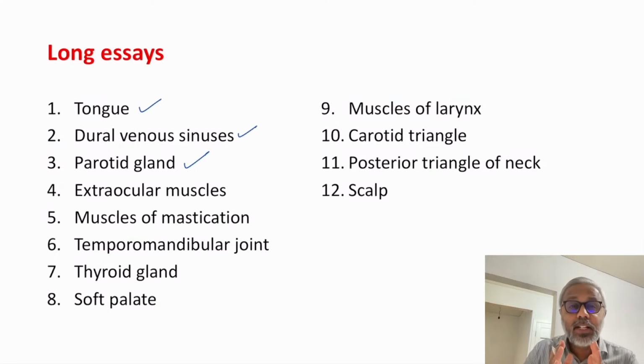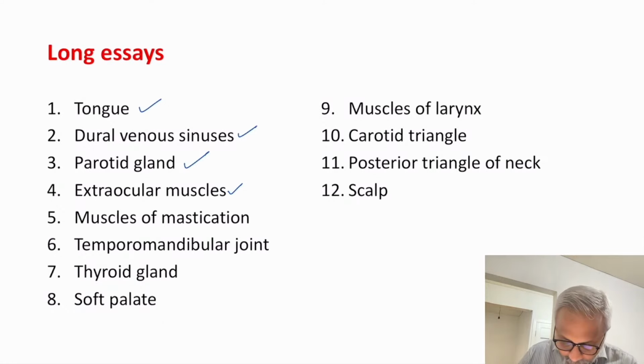The external features or relations of the parotid gland along with the structures present inside it. And the most important thing is the secretomotor innervation of the parotid, which is very frequently asked. Then the extraocular muscles. How do we classify them? What are the attachments? What is the innervation? And what about the actions of these muscles?